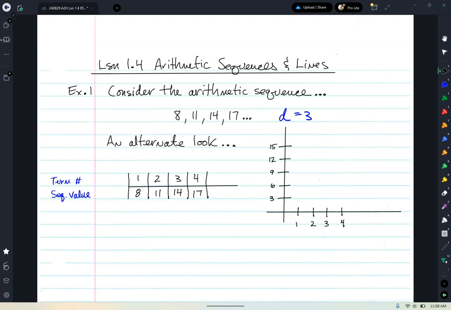I would like you to draw the discrete picture of the sequence in the table. Yes, discrete. We talked about that in the 1.2 class period.